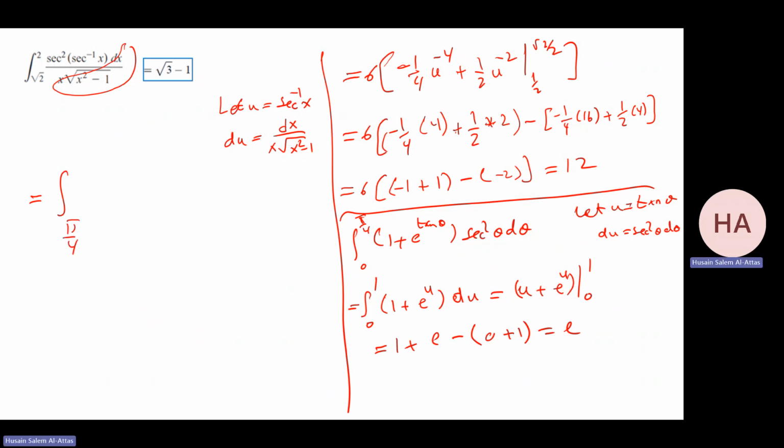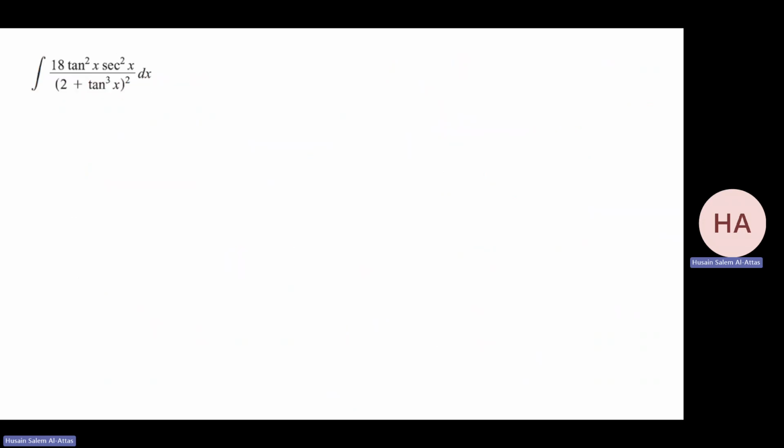Secant inverse of 2 is pi over 3. That will be secant squared of u du. That is what? Tan u from pi over 4 to pi over 3. Tan pi over 3 is the square root of 3. Tan pi over 4 is 1, which is this. Yeah, it's a matter of calculation.